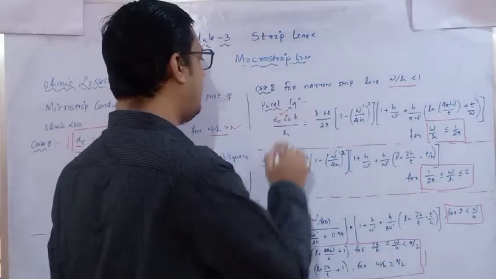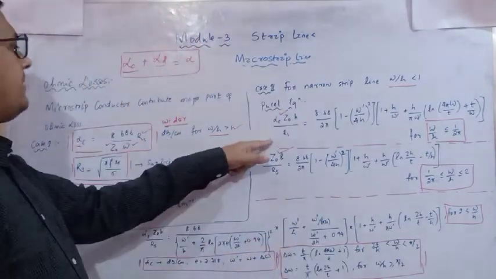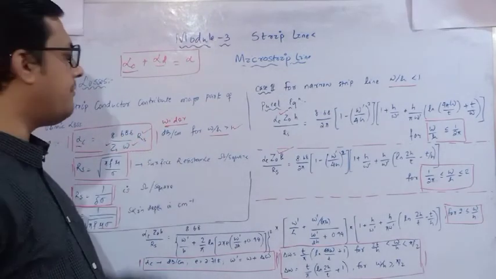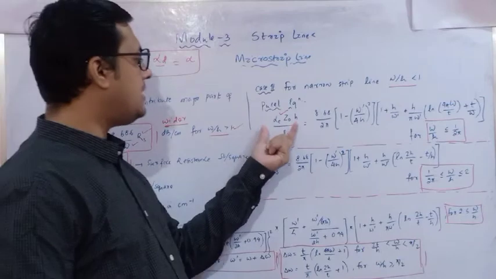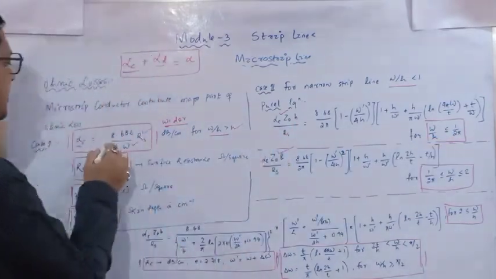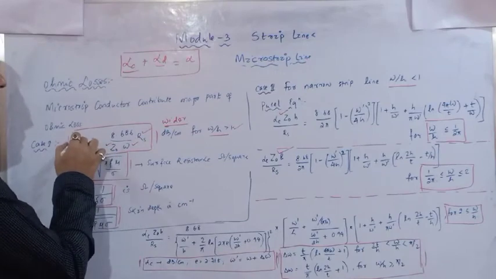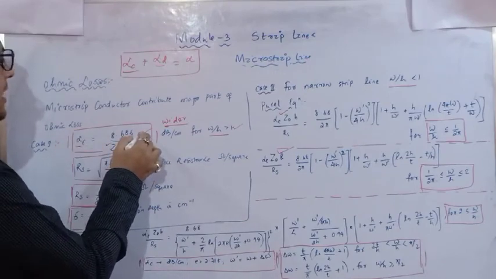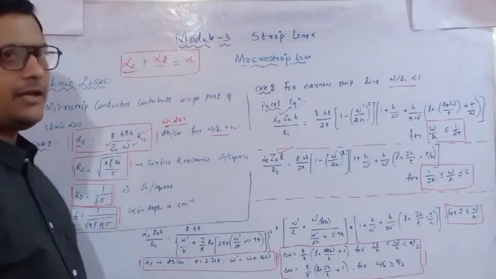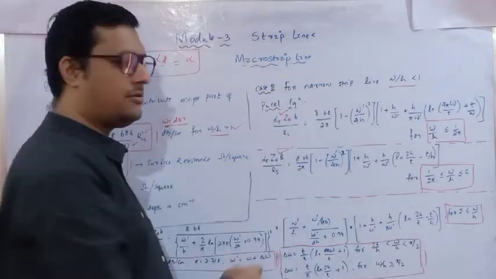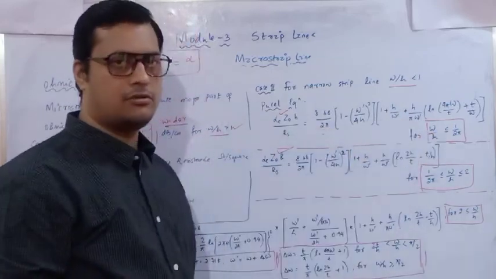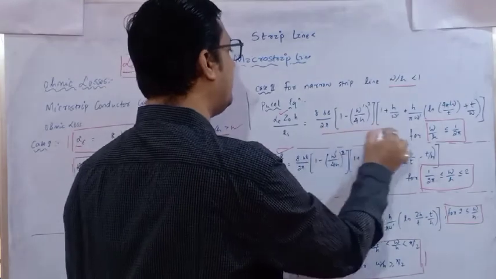So for this alpha C Z naught H divided by RS, as per the question, we identify W by H. In this equation, you see alpha C into Z naught, then RS in the denominator, and W by H; if you multiply numerator and denominator, you will get it in terms of H, and if the resultant value is less than or equal to 2 pi, then your standard value will be this much.